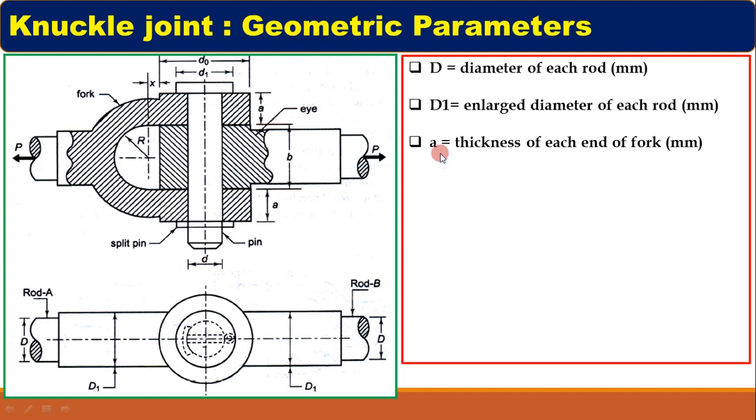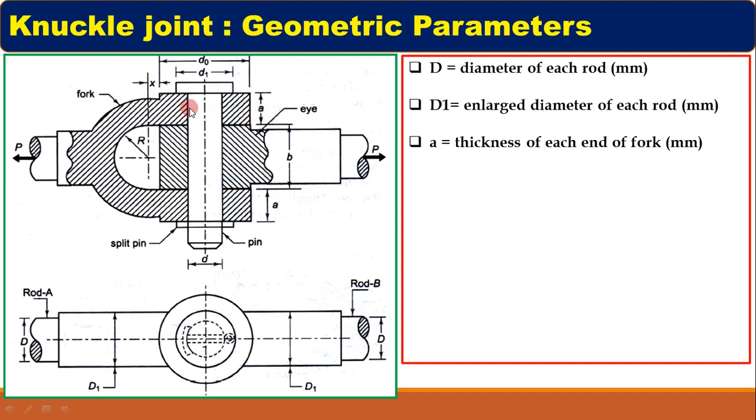Then small a. As I discussed earlier, this is the fork, and this fork has two ends, and this dimension is nothing but small a. So this small a is the thickness of this fork ends.